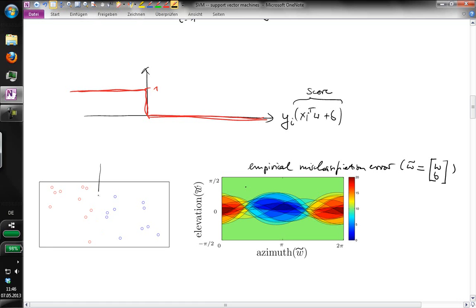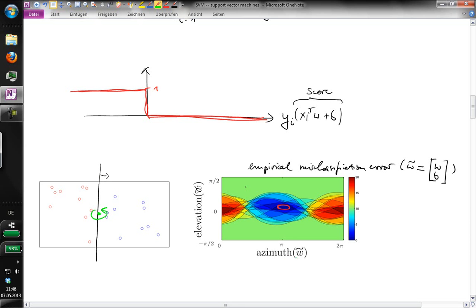So the perfect decision boundaries like this one, they actually lie here in the center where the energy is lowest, or where the empirical error is lowest. If I have a surface that is pointing in the wrong direction, so if you now imagine turning this surface here around this point by 90 degrees, then it's misclassifying everything rather than classifying everything correctly.